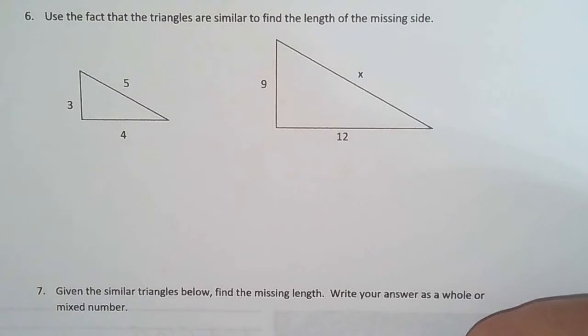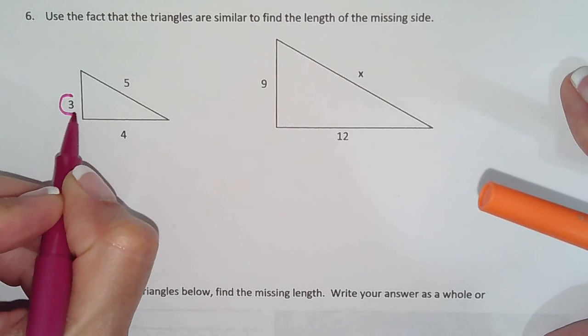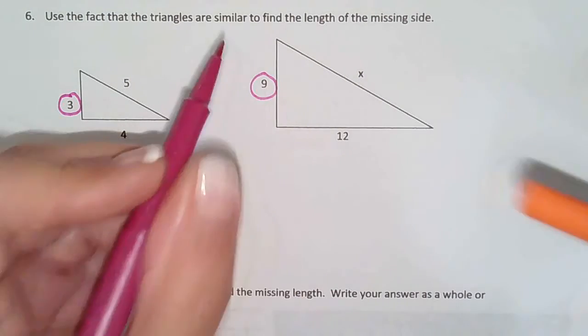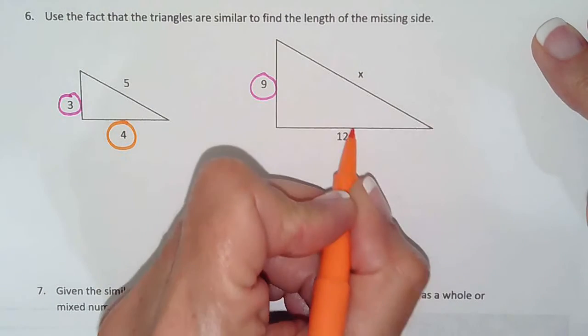So these triangles are similar. That means the sides are proportional. So I like to mark the sides that go together. So 3 goes with 9, and then I mark them all differently. 4 goes with 12.